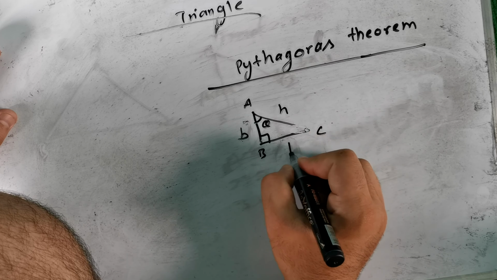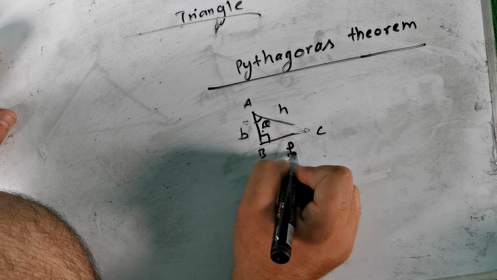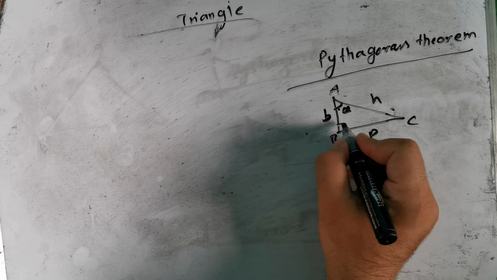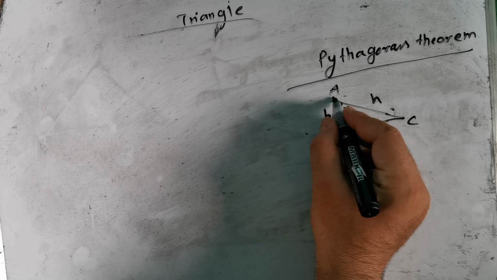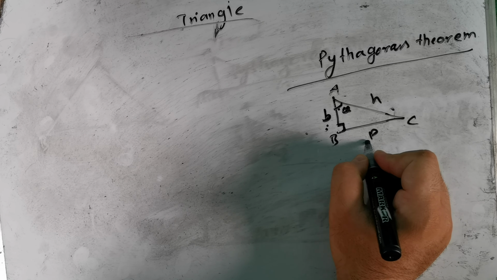P means perpendicular, which is opposite to the reference angle.